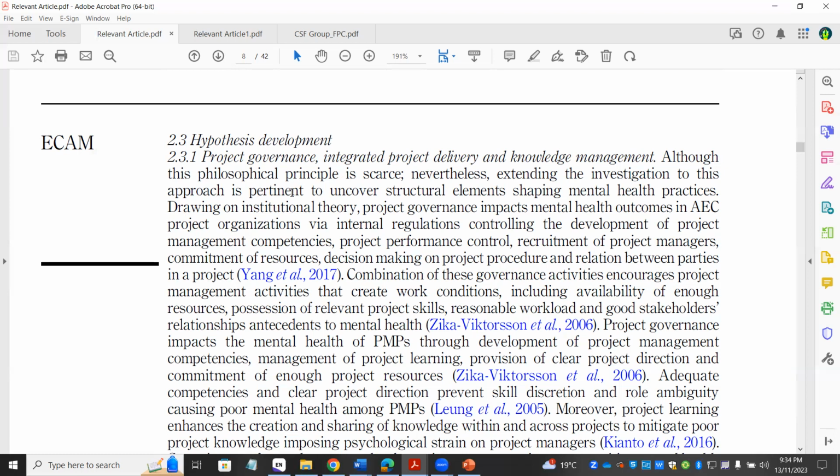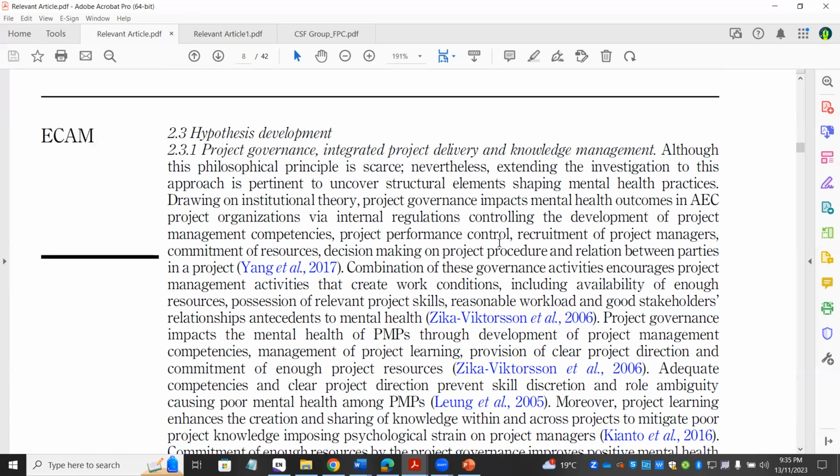Although this philosophical principle is scarce, in other words, although the relationship between these three is scarce, nevertheless, extending the investigation to this approach is pertinent to uncover structural elements shaping mental health practices.